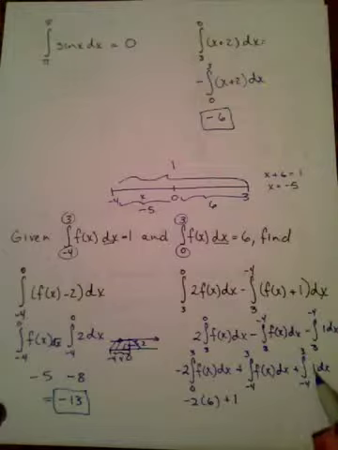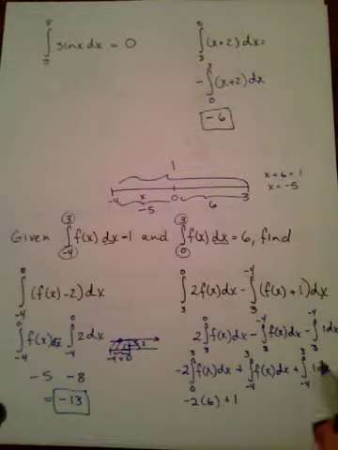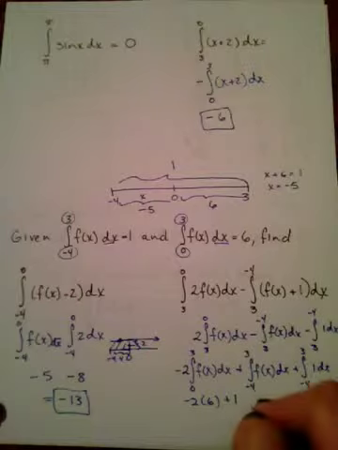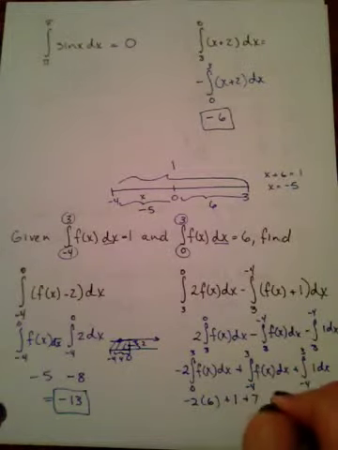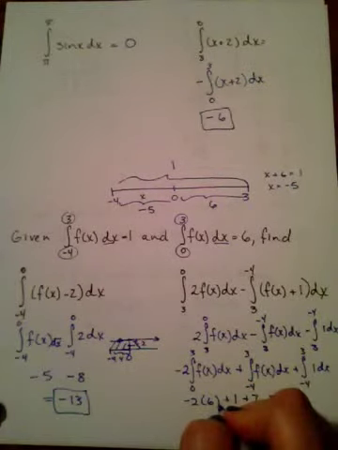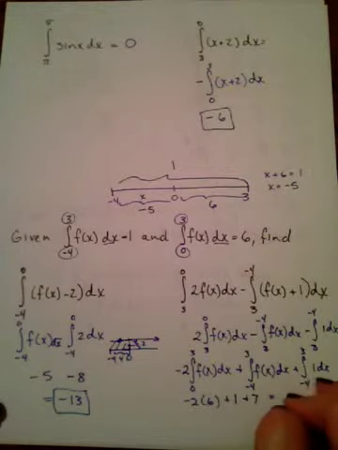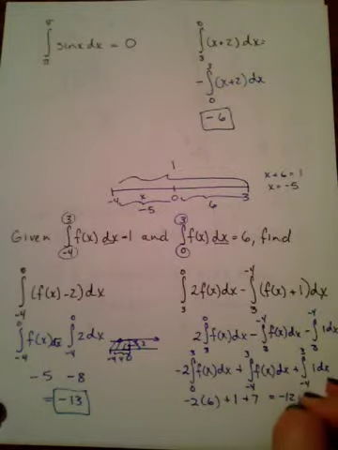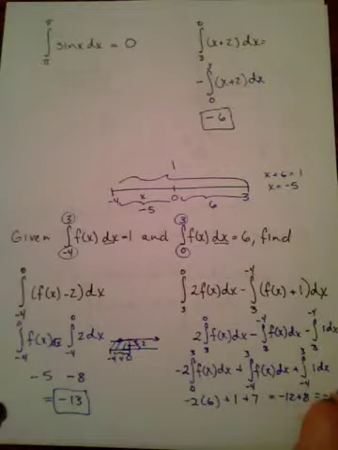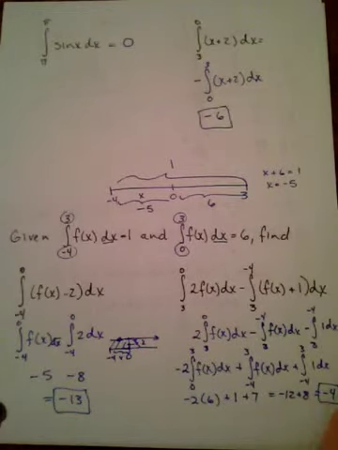So remember that this will be something that has a height of 1, y equals 1, from -4 to 3. So the width will be 7. So it'll be plus 7. So this will equal -12 plus 8, or -4. And that problem is finished.